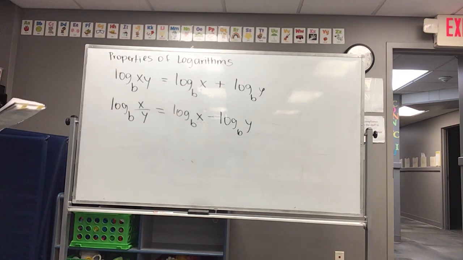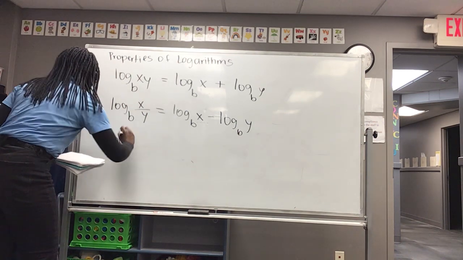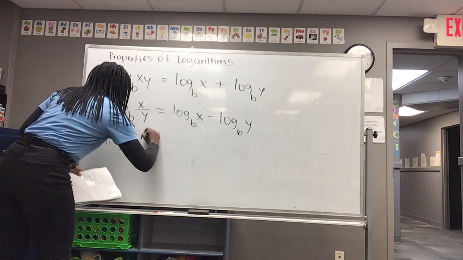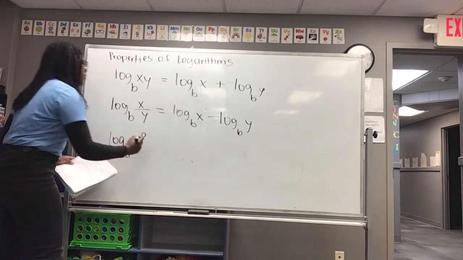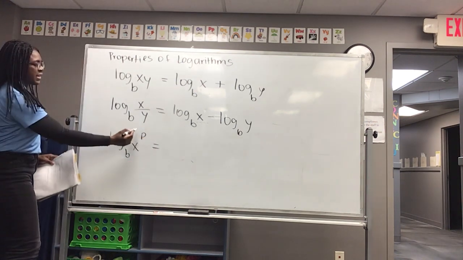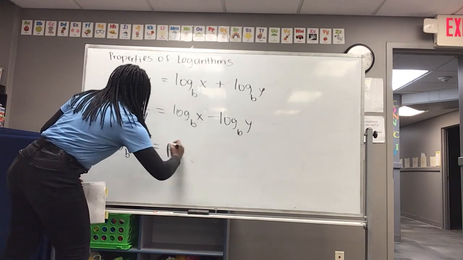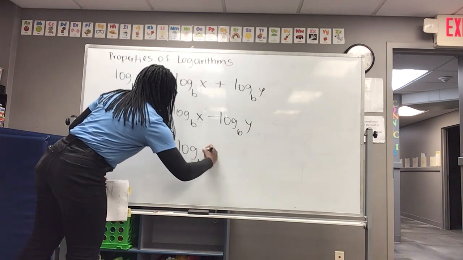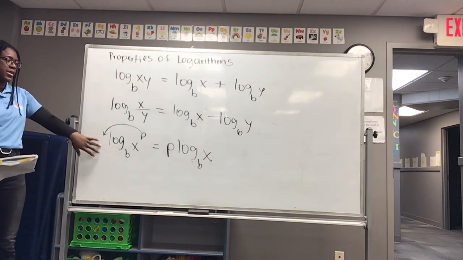And then one more rule. Have my log base, and then this is to the power of something. There's an exponent here. What we can do is bring that exponent to the front of our logarithm. So it would look like p log base b of x. So those two are also the same thing.